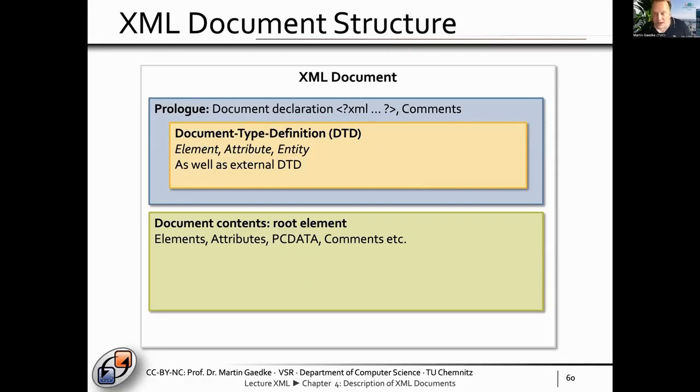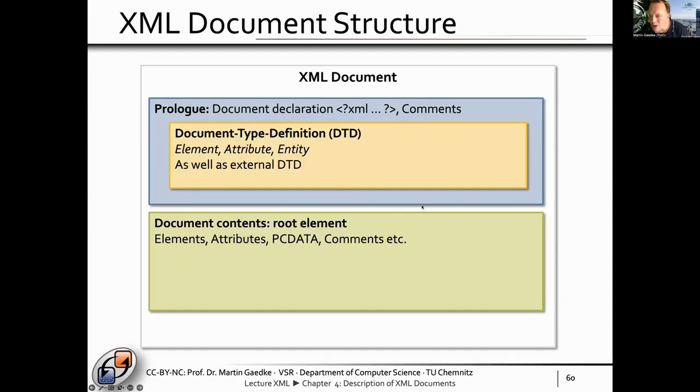And we have provided some support for playing with it in Opal, in case you haven't seen that already. So the prologue contains the declaration and the document type definition, and the document content starts with the root element and is then followed by, depending on what the document type definition says.